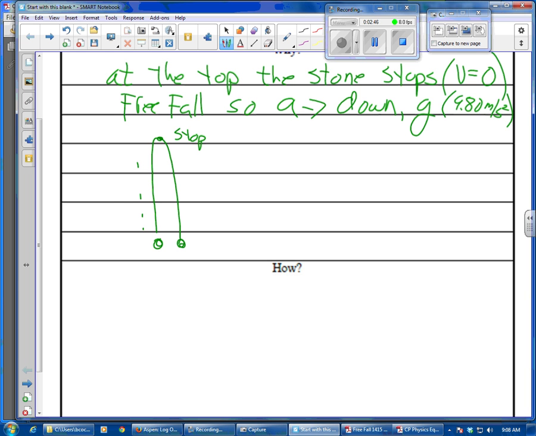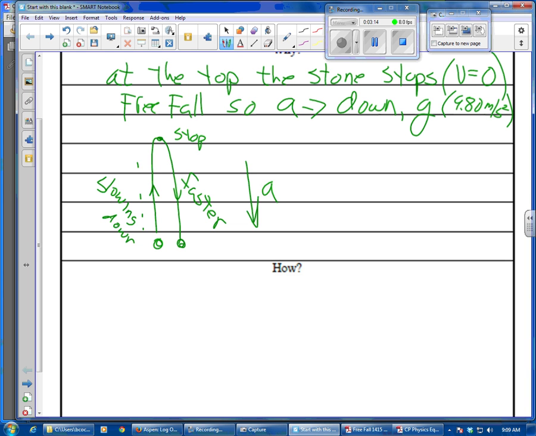As it moves up here, it's slowing down, and that's because we have this constant acceleration downwards. What's it doing on the other side as it falls down? It's getting faster, or speeding up. So, we understand a lot here.